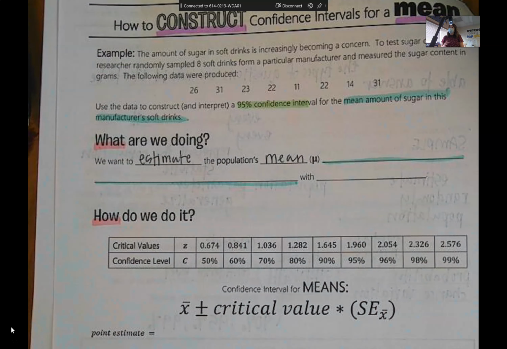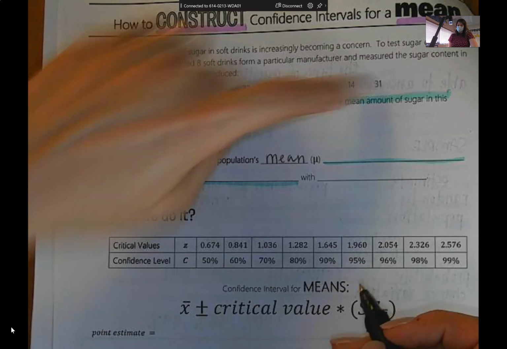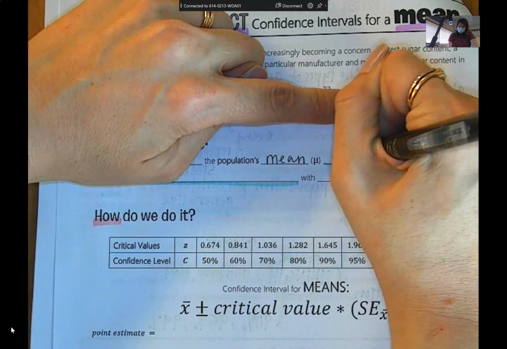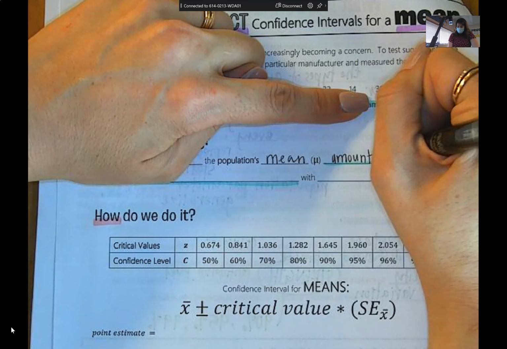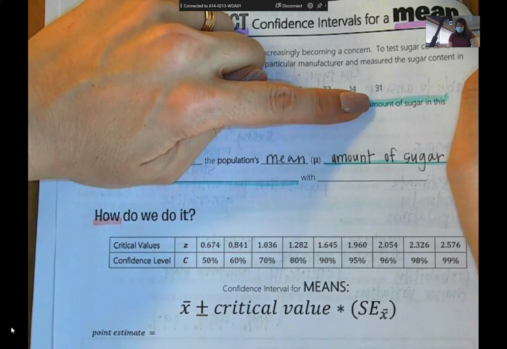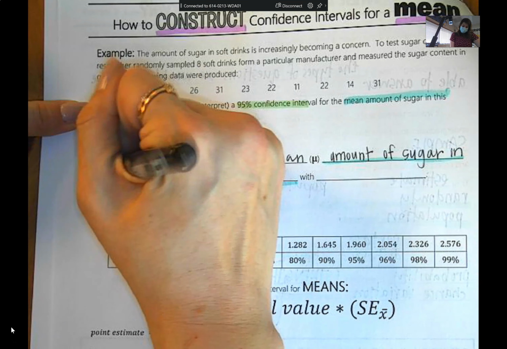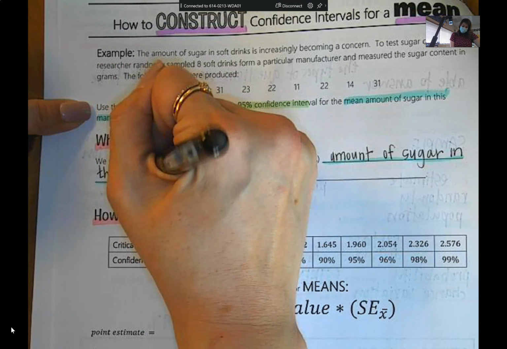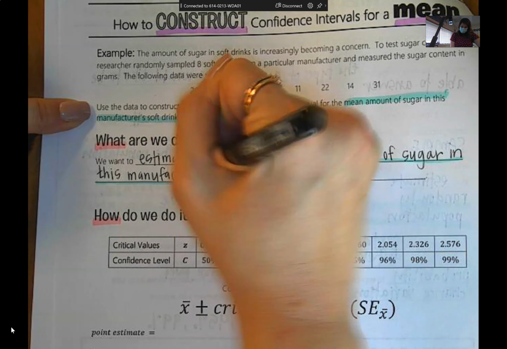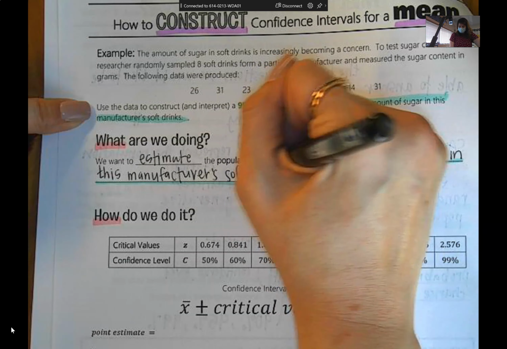So we want to estimate the population's mean, and then I'm just copying it straight from above: amount of sugar in this manufacturer's soft drinks.